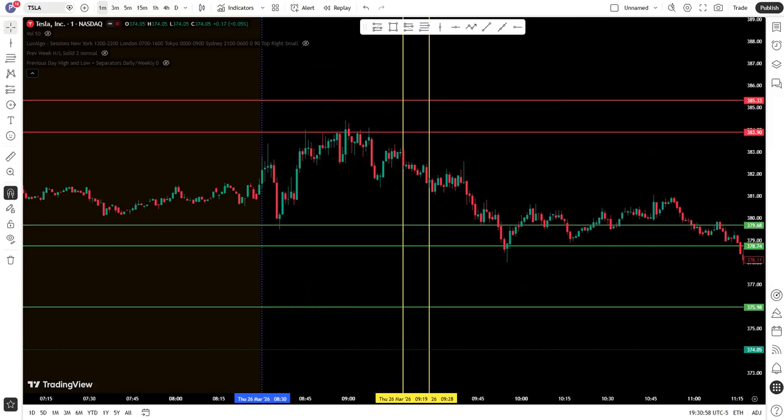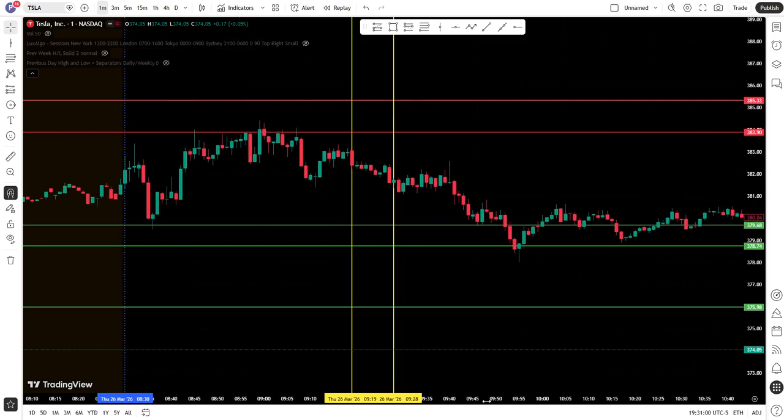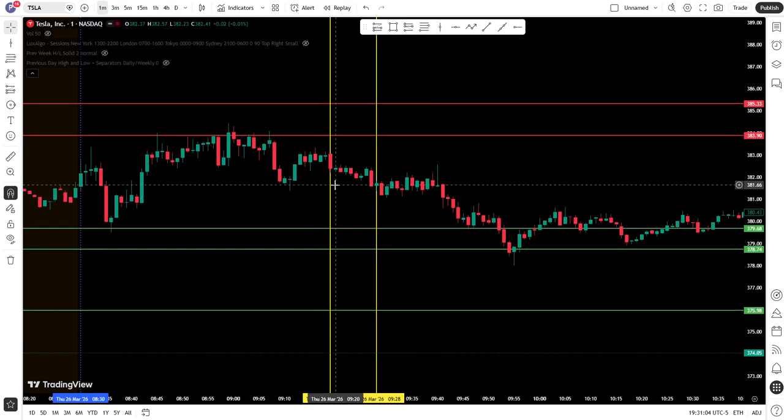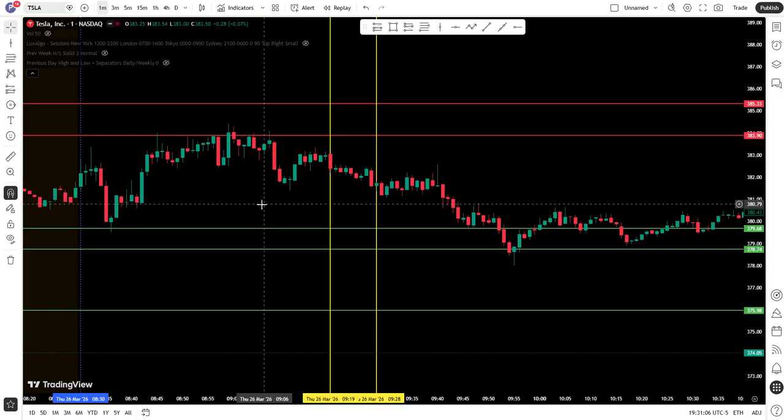down on this bottom scale, I'm going to zoom in a little bit. I have two vertical yellow lines. The left one indicates what time I entered the market, which was at 09:19, and then the second yellow line on the right is the time that I exited the trade at 09:28.